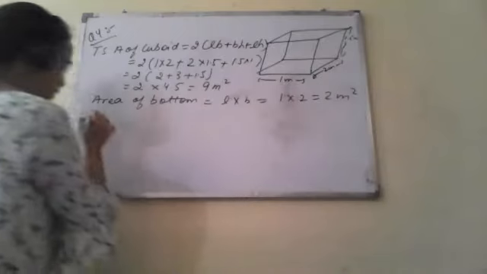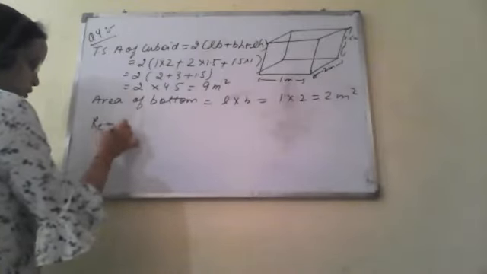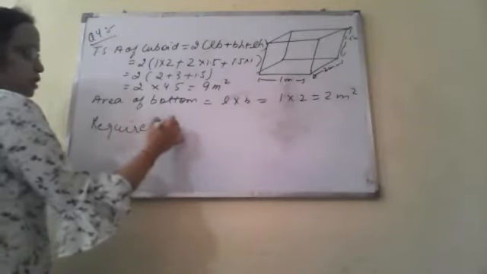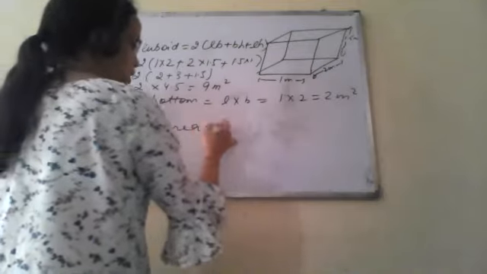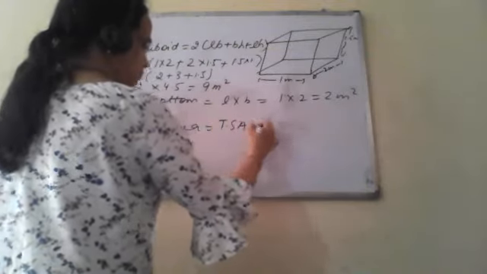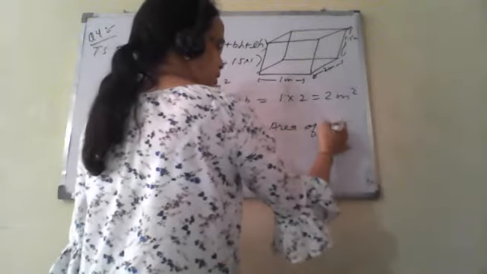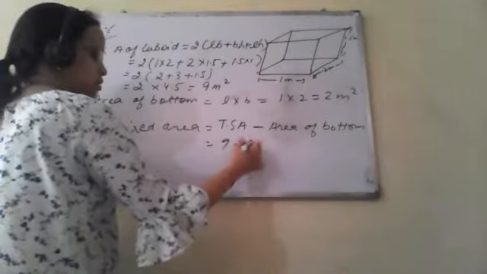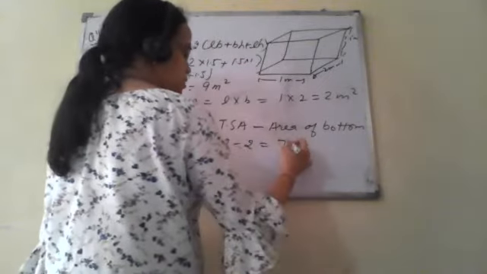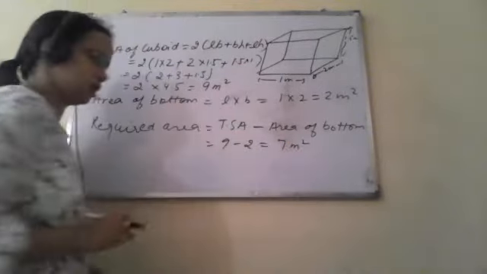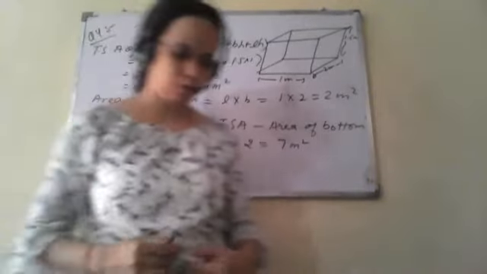So the required area which she is going to paint will be total surface area minus area of bottom. So this was 9 and this is 2. This is 7 meter square. So this much area she is going to paint.